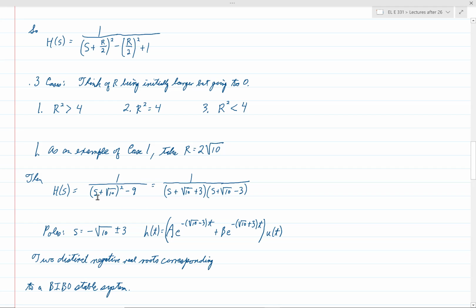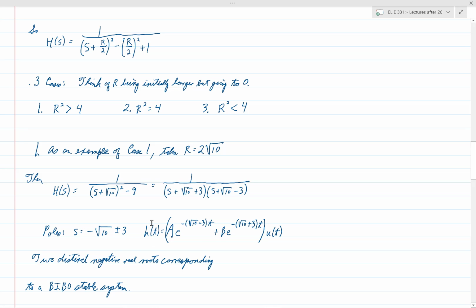And since 9 is simply 3 squared, this is the difference of 2 squares. So we have (S + √10 + 3)(S + √10 − 3). So in this case, the 2 poles are negative square root of 10 plus or minus 3.